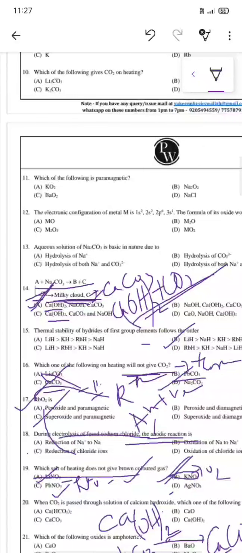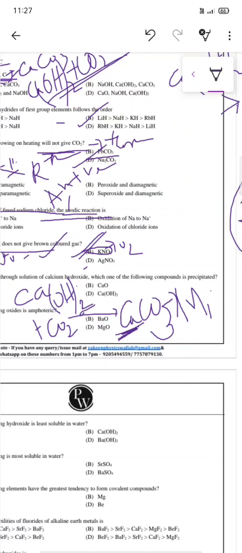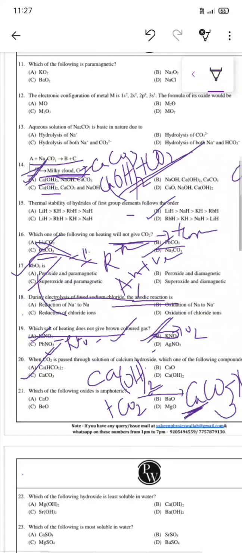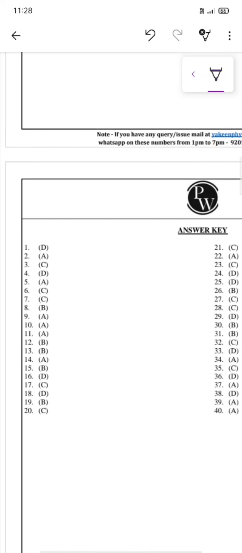Calcium carbonate is known as milky cloud. Actually, I am noting this point in my notes. So the answer will be 20, C.